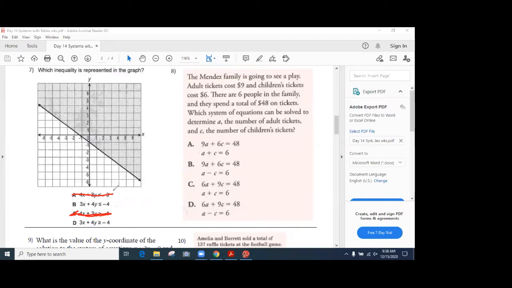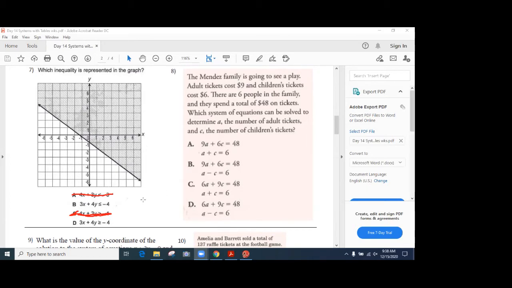We always test the center because it's the easiest to find right here. If it says true, then it's going to be our answer because this is true. If it says false, then that's not our answer. Unfortunately, on the test, there'll be multiple ones where it's true and we have to find different points.